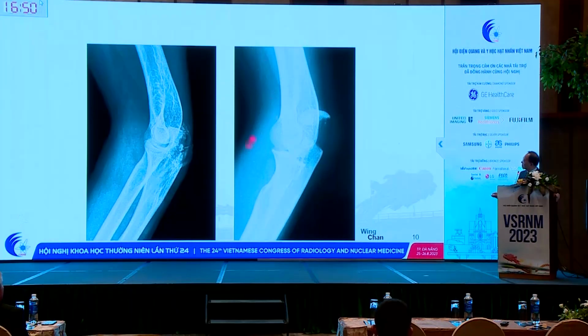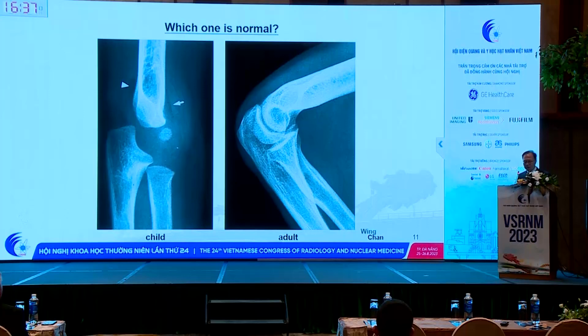It is a very clear radial head fracture. The fat pad sign is still absent. And if it is not 90-degree flexion, sometimes we can see the anterior and posterior fat pad sign is still normal. So it's so confusing.